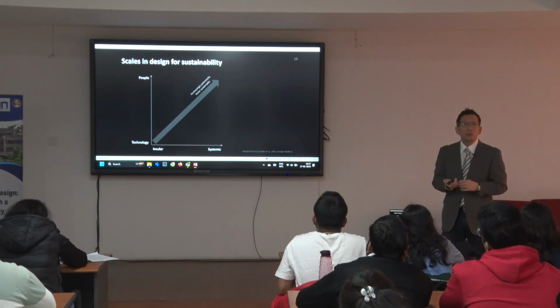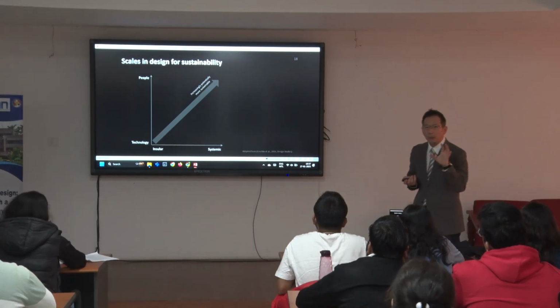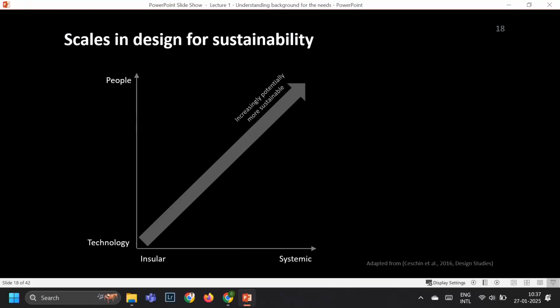And looking into the academic research, the Tukker 2016 paper provides an interesting figure that explains the trends of research over the years in terms of systemicness on the horizontal axis and, let's say, the relevance of people on the vertical axis.